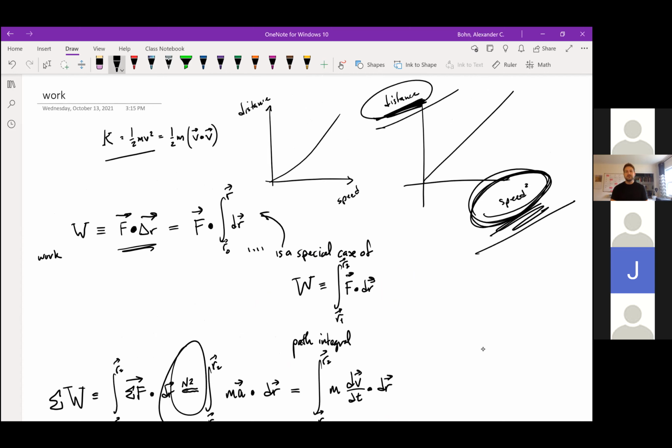A force applied over a distance should be proportional to the square speed. The slope of this relationship, I expect, has something to do with the friction coefficient and the mass. Ooh, or maybe just the friction coefficient.